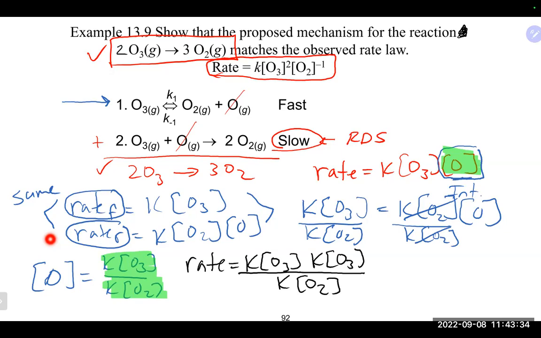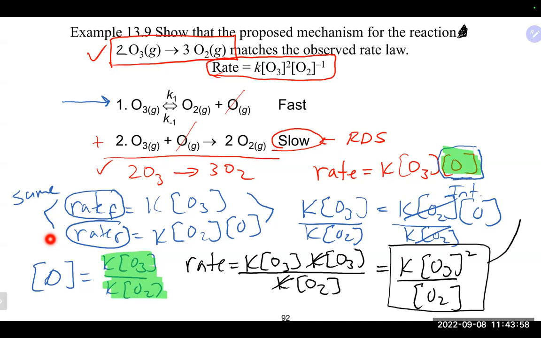Doing a little cleanup here, all the little k's are rate constants, which means they should all be the same number, so we can cancel a couple of those. We also have O3 on top times O3 on top, which gives us O3 squared, reducing us down to O3 squared divided by O2 as our rate law. So what we want to know is, do this and this match? Are they the same?